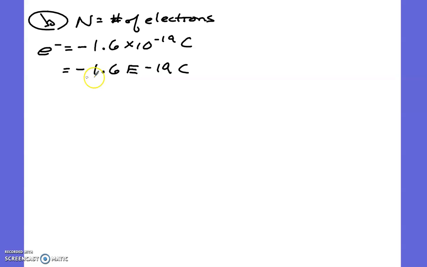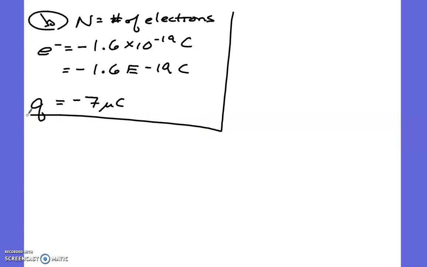So we want to know how many of these it takes to equal a total charge of negative 7 microcoulombs. The formula is that the total charge is equal to the number of electrons times the charge of a single electron.